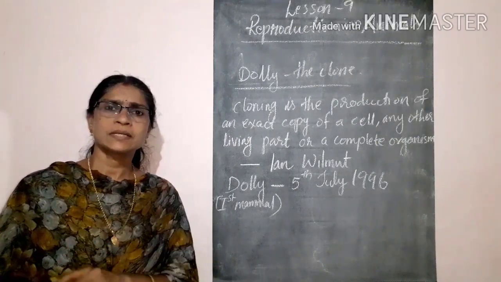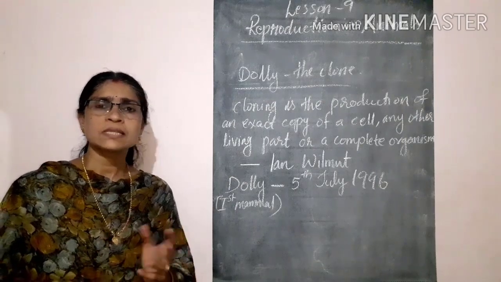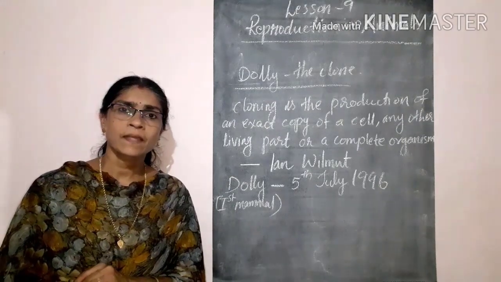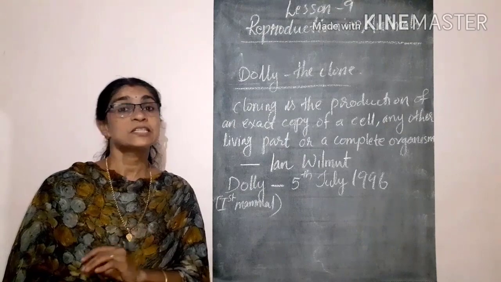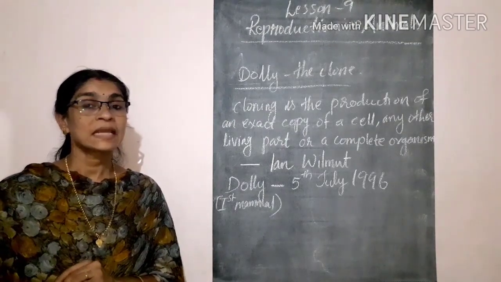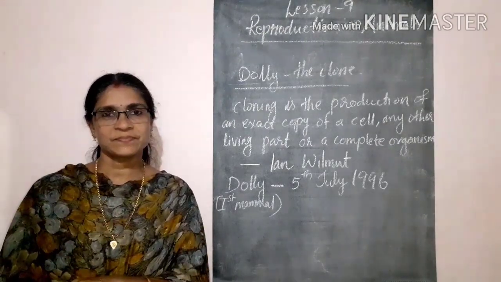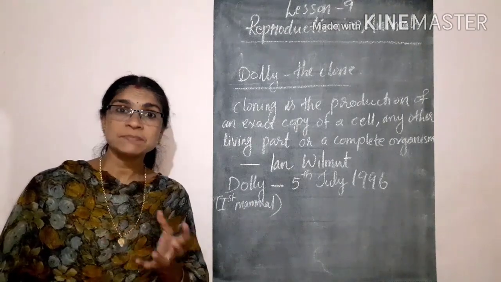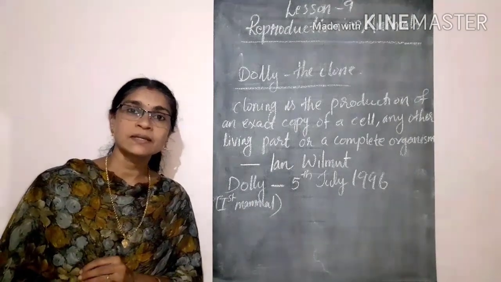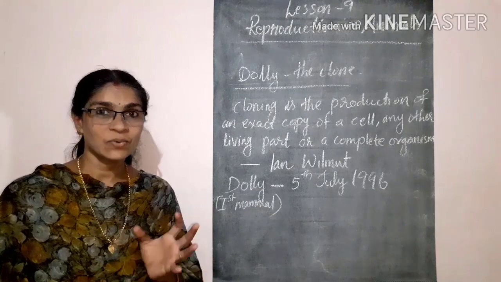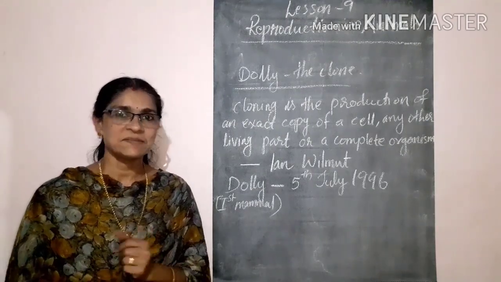The process of cloning was introduced by Ian Wilmut. Which is the first mammal produced by Ian Wilmut? That is Dolly. It is a sheep.